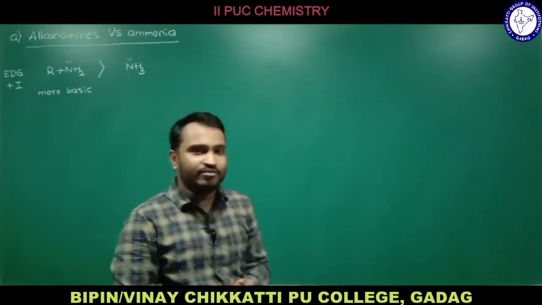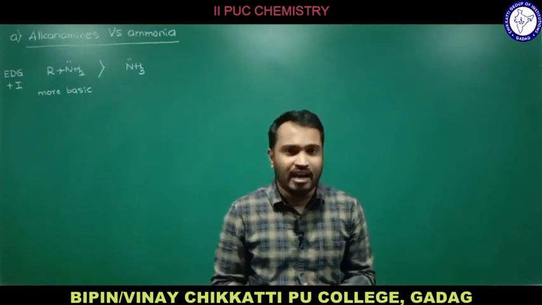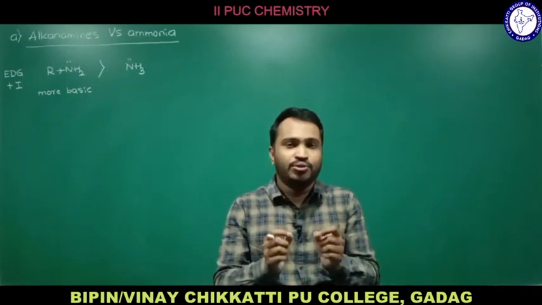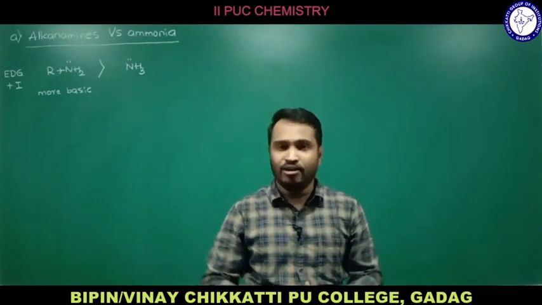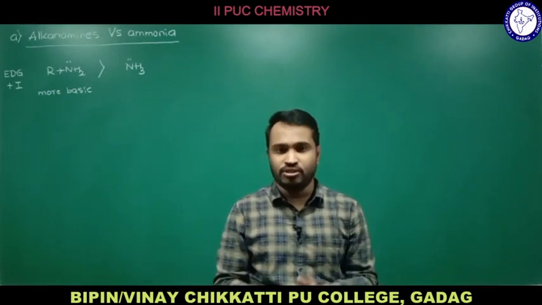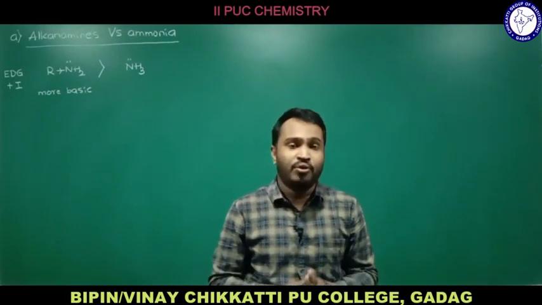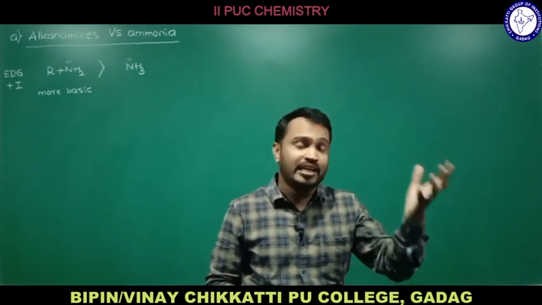What would be the reason for that? Just as I explained, aliphatic amines are more basic than ammonia due to the positive inductive effect of the alkyl group, which is going to increase the electron density on nitrogen, so that more electrons are available on the nitrogen, which is going to be easily protonated.